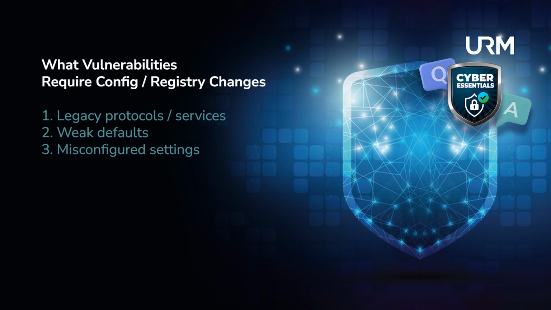Okay, so I'm just trying to get an idea of scale here. So if we ran an assessment and picked up 100 vulnerabilities, how many of those might at the moment be filtered out because it's a config change required, as opposed to just a vulnerability that can be fixed by patching?